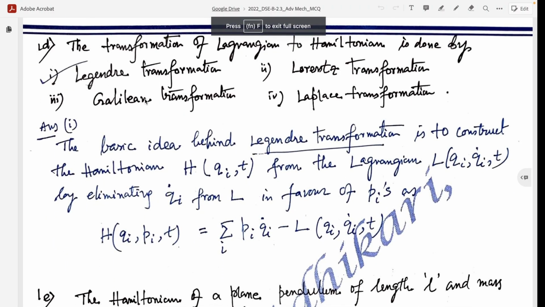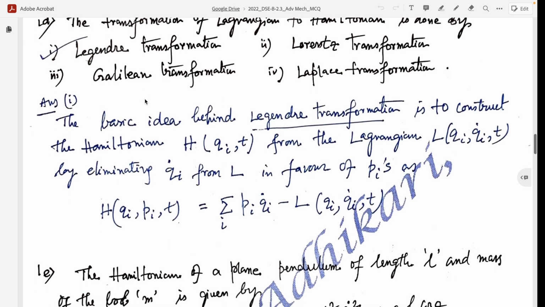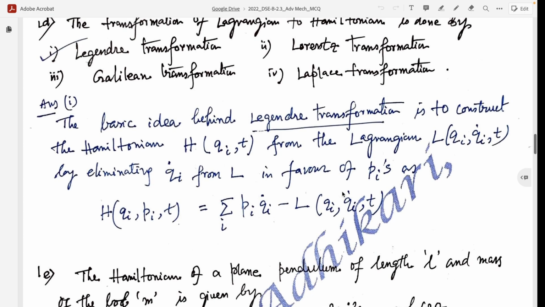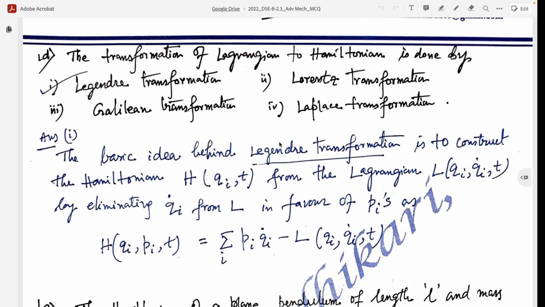The basic idea behind the Legendre transformation is to construct the Hamiltonian H(q_i, p_i) from the Lagrangian L(q_i, q_i dot) by eliminating q_i dot from L in favor of p_i, the generalized momenta, as H equals summation p_i q_i dot over i, summation over i equal to 1 to n, minus L. So we can find H from Lagrangian L by replacing q_i dot, the generalized velocities, by generalized momenta.